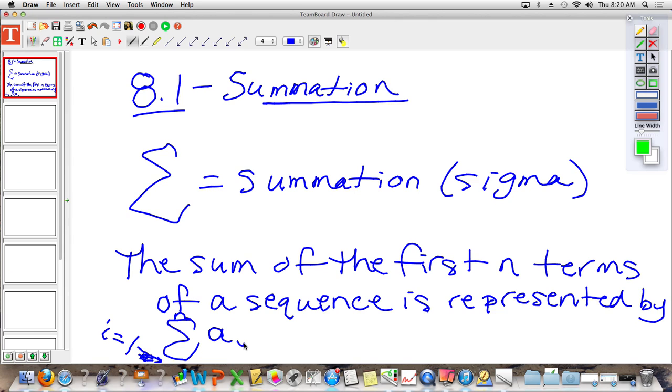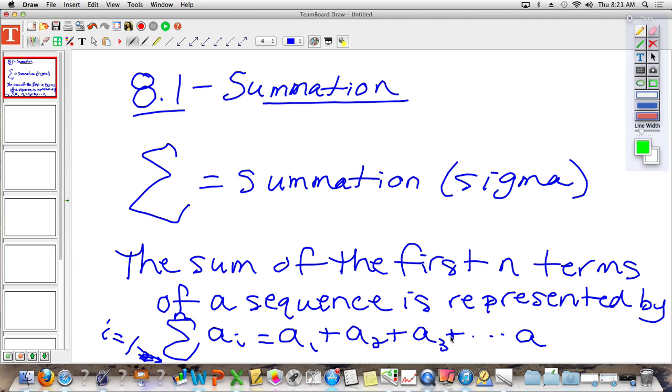Of some rule. Where do you end? a sub 1 plus a sub 2 plus a sub 3 plus dot dot dot. Where do I end? n. How do you know you end at n? Because it looks like it in there.